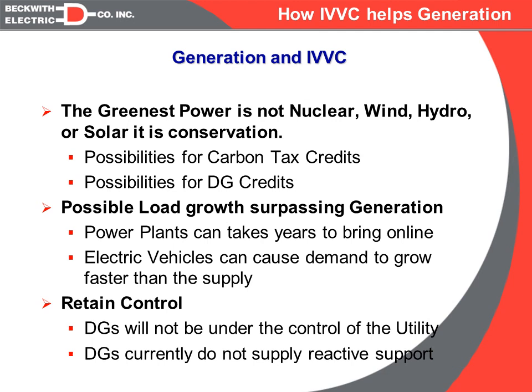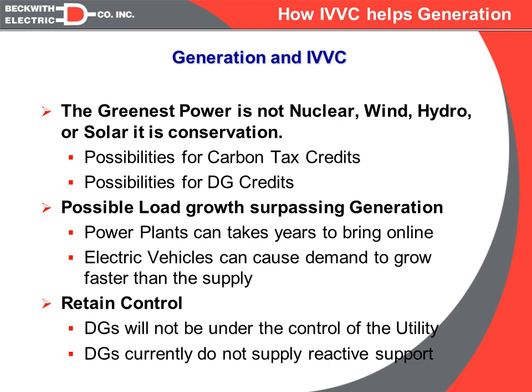The other issue is that most of the DGs currently cannot supply voltage support or VARs onto the system. So in system emergencies, it is difficult to call on them to put megavars out onto the system to keep the voltage up. So for that reason, utilities tend to not like to have too much distributed generation on their system. So by being able to shave the peaks and conserve, you may be able to use that percentage as a percentage towards the percentage of DGs that you need to have on your system.